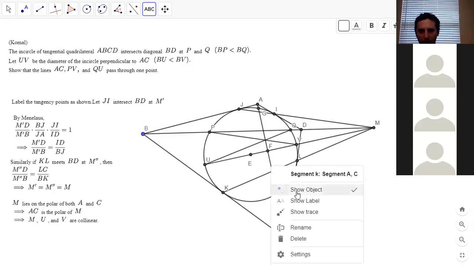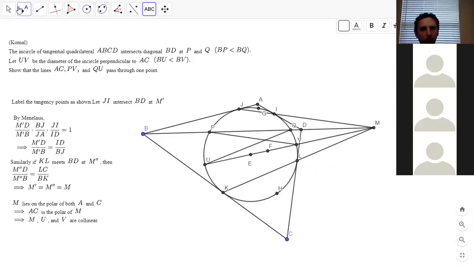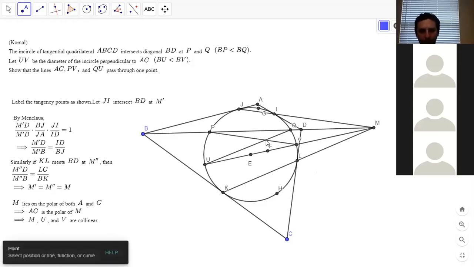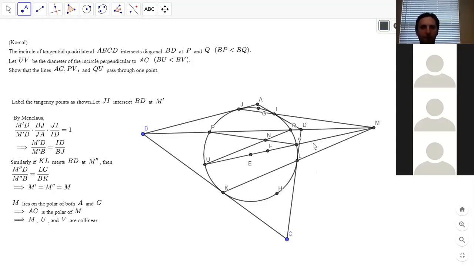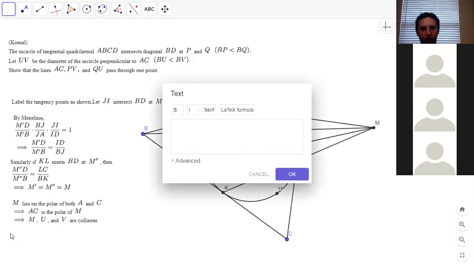Hold on one sec. So let N equal PV intersect QU.